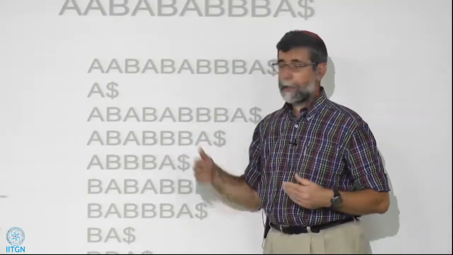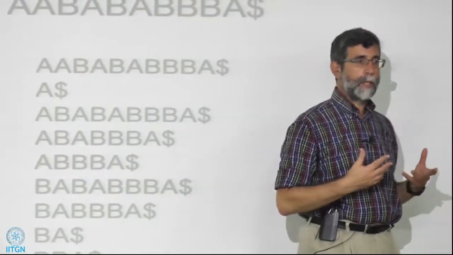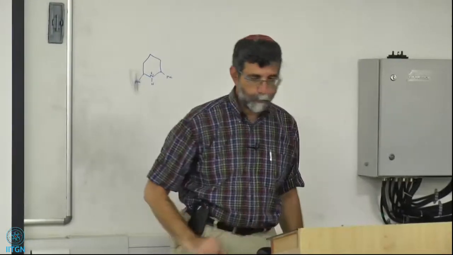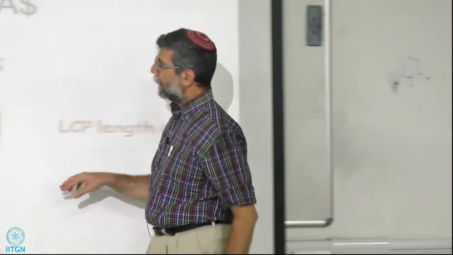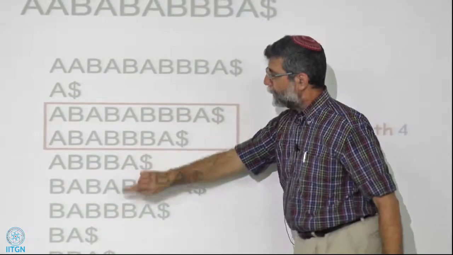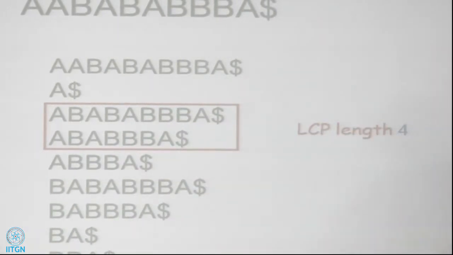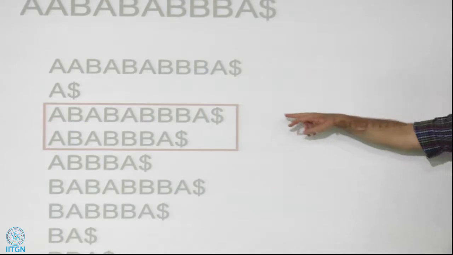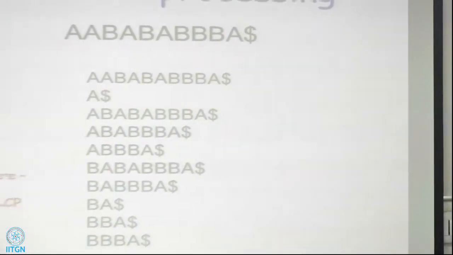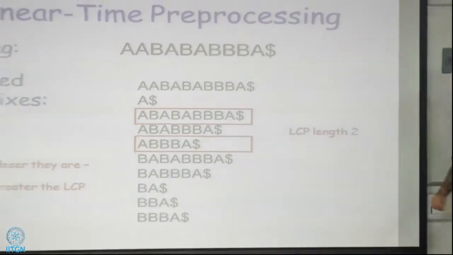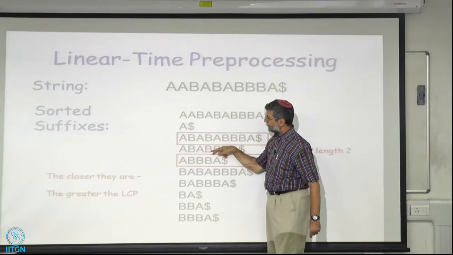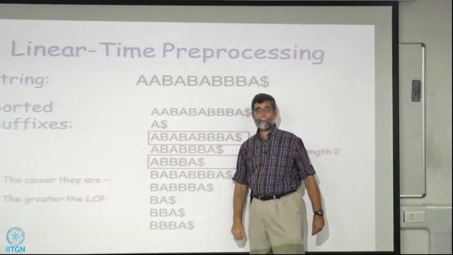So obviously anything in between is not going to be any less. For any two that are adjacent, if we look at these two, the LCP here is of length 4 because this is where they are different. But if you go one more and ask what's the LCP between this one and this one, it's already only of length 2. It's AB. So while these have length 4, these only have length 2.